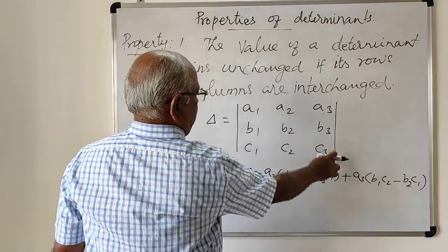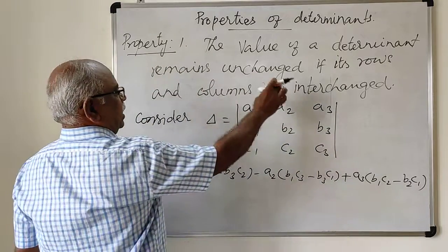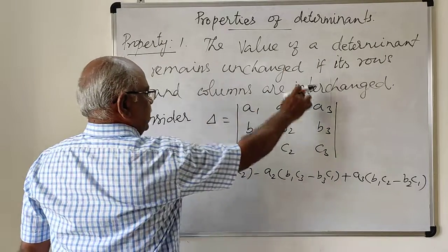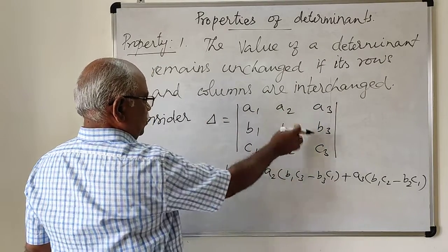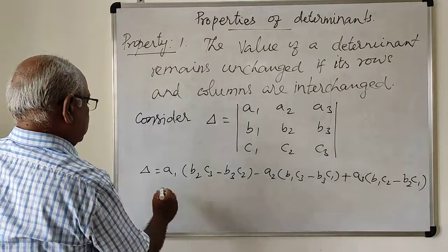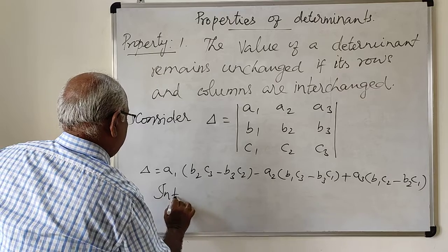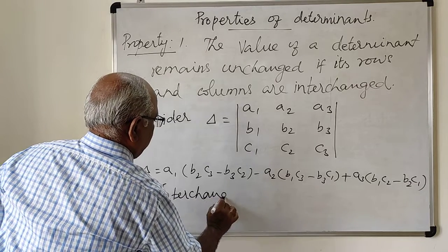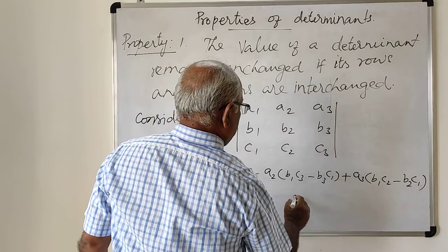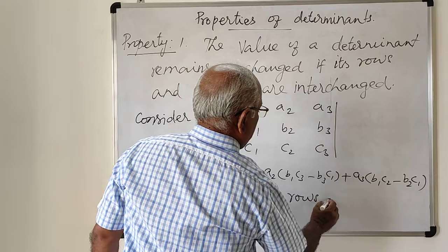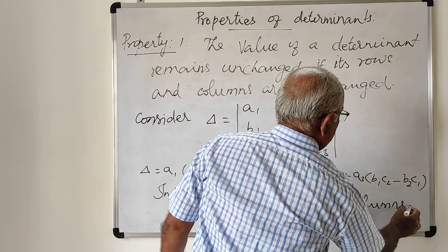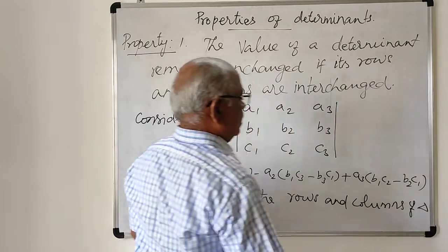A1 into B2, C3 minus B3, C2, minus A2 into B1, C3 minus B3, C1, plus A3 into B1, C2 minus B2, C1. Okay, now interchanging the rows and columns of delta.